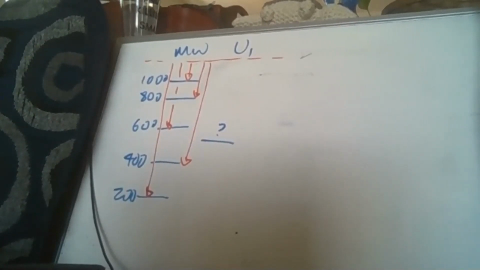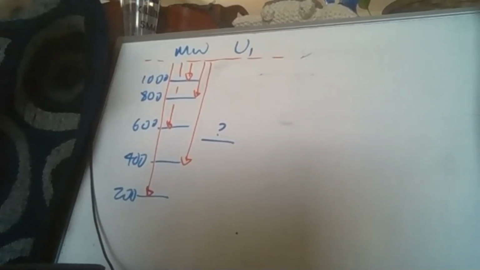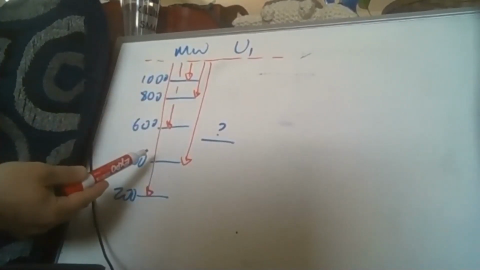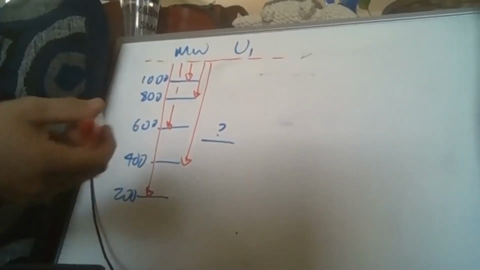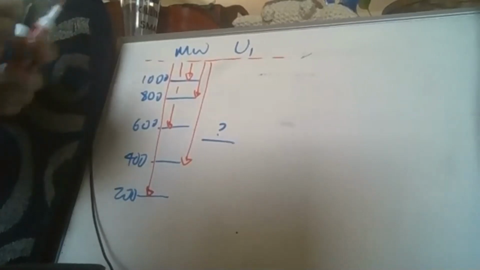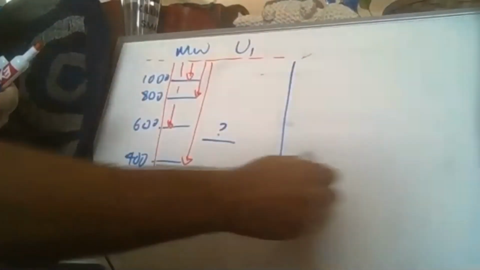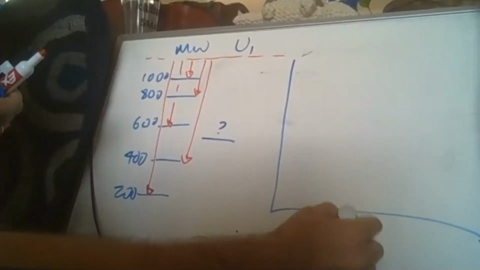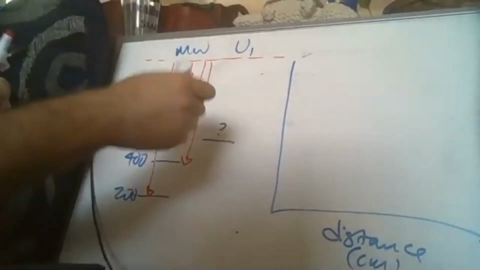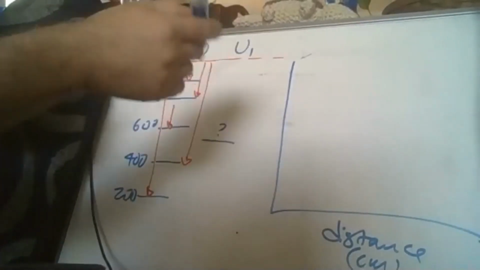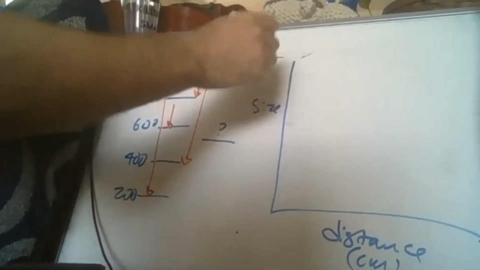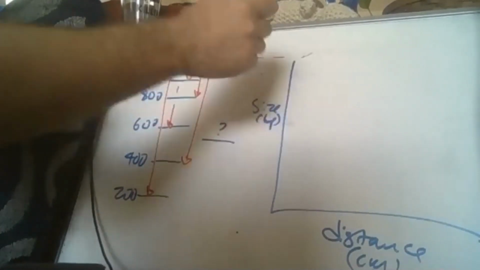Then you plot, so you know the size, you've worked out the distance, now you can plot distance by size or size by distance, depending on your preference. You know, distance in centimeters or millimeters, doesn't actually really matter as long as you're consistent. And then your size in base pairs here, right?